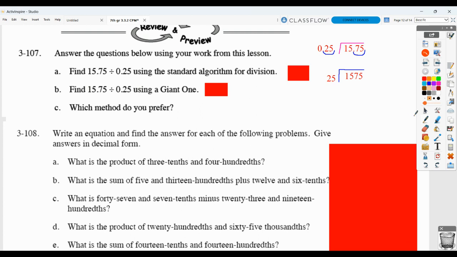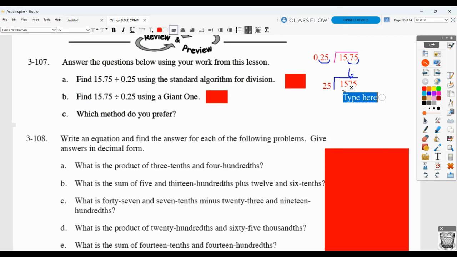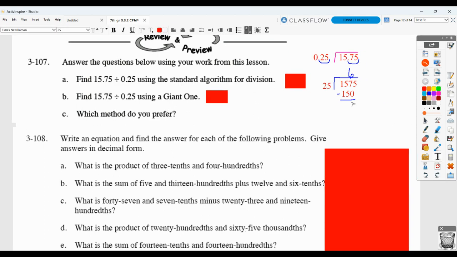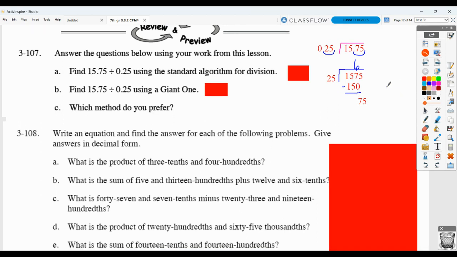So 25 does not go into 1 or 15. It goes into 157 6 times, giving us 150. We're going to subtract, and we'll get a remainder of 7. And then we're going to bring down that 5. 25 will go into 75 3 times, giving us 75.